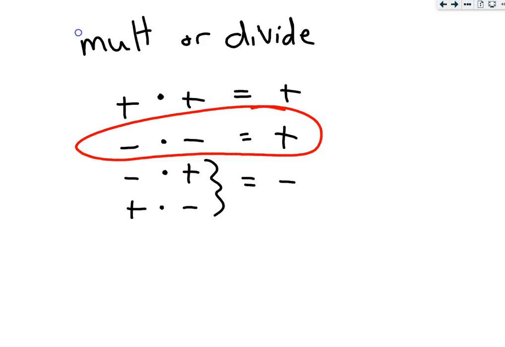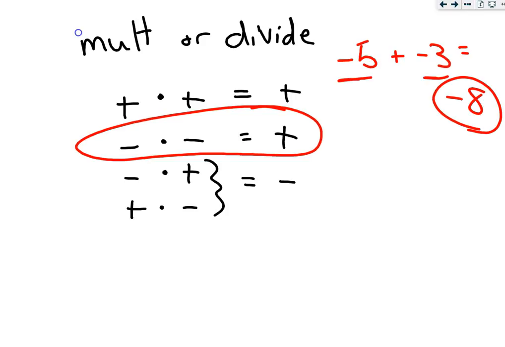If you recall, back in adding integers, if you add two numbers that are the same sign, the answer always is that same sign. Notice you have two negatives adding and giving you a negative result. And notice back over here with multiplication and division, two negatives gives you a positive result.